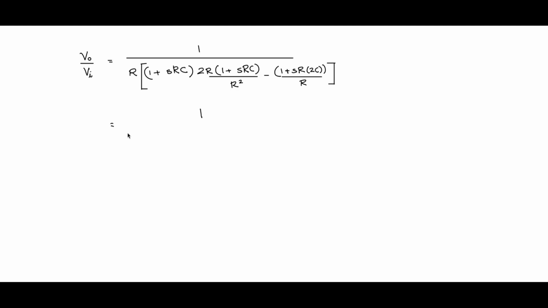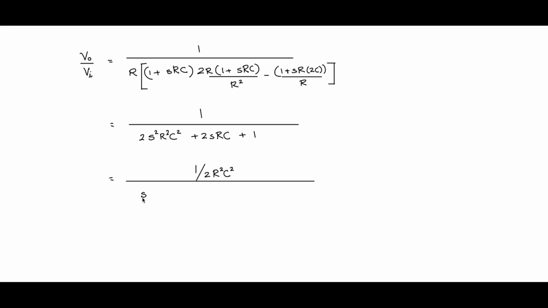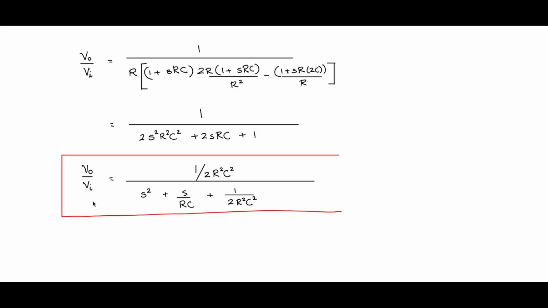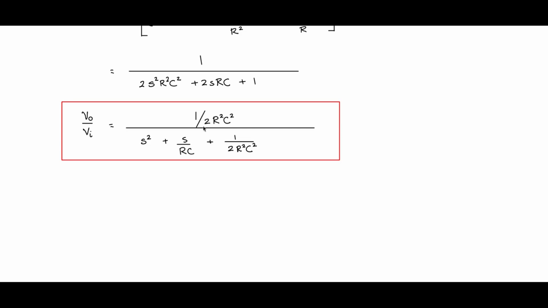You can further simplify that and you will finally get it in this form: 2S²R²C² + 2SRC + 1. You can also express it by dividing, giving (1/2R²C²)/(S² + S/RC + 1/2R²C²). This is V0/Vi. This is the relationship that will be of some use to us in designing.